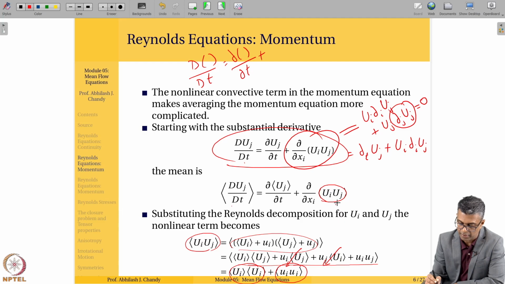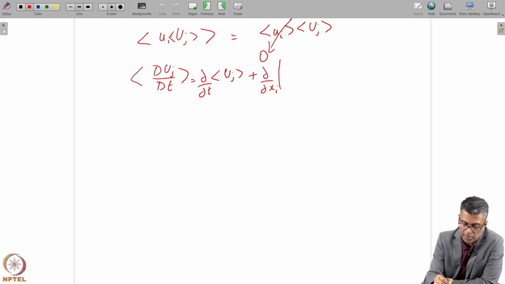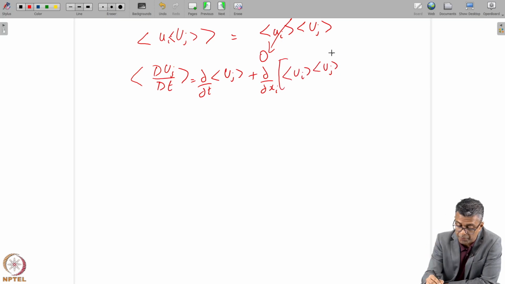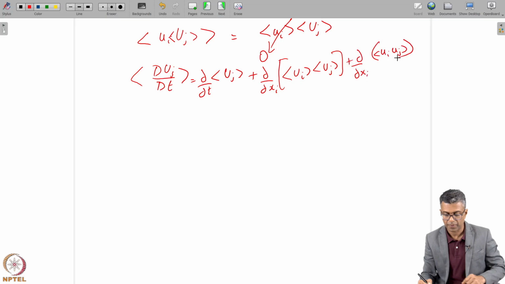This one right here, which is substituted with this part here. And what I end up having is del xi of ui mean uj mean, and then also del xi of the Reynolds stresses, ui uj mean. This is what I have.